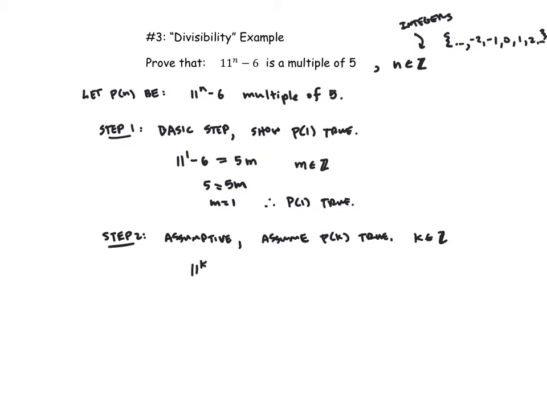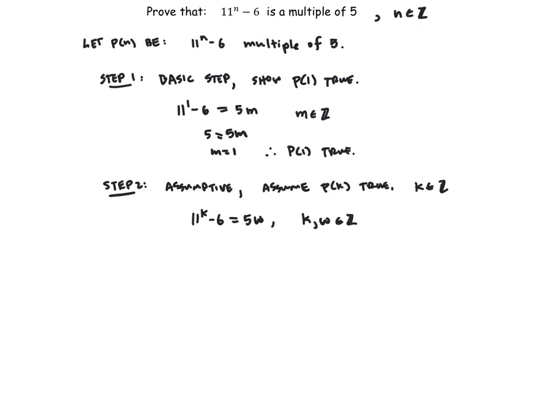Therefore, 11 to the k minus 6 should be equal to 5w, where both k and w are in the integers. Okay, now I have to use w because I don't necessarily have the ability to assume that it'll be the same value as m above. Okay, let's move to step 3. Step 3, of course, is the inductive step, where we will prove P of k plus 1 is true.